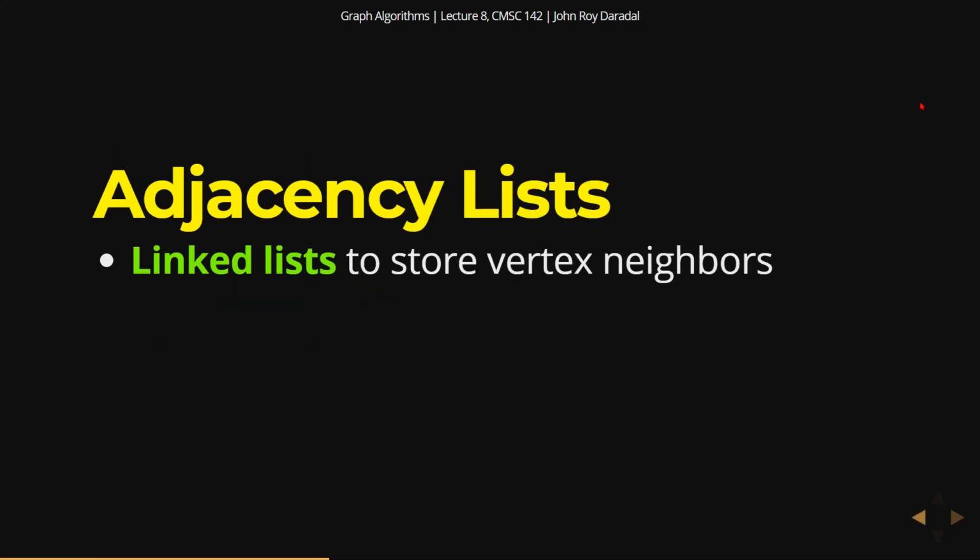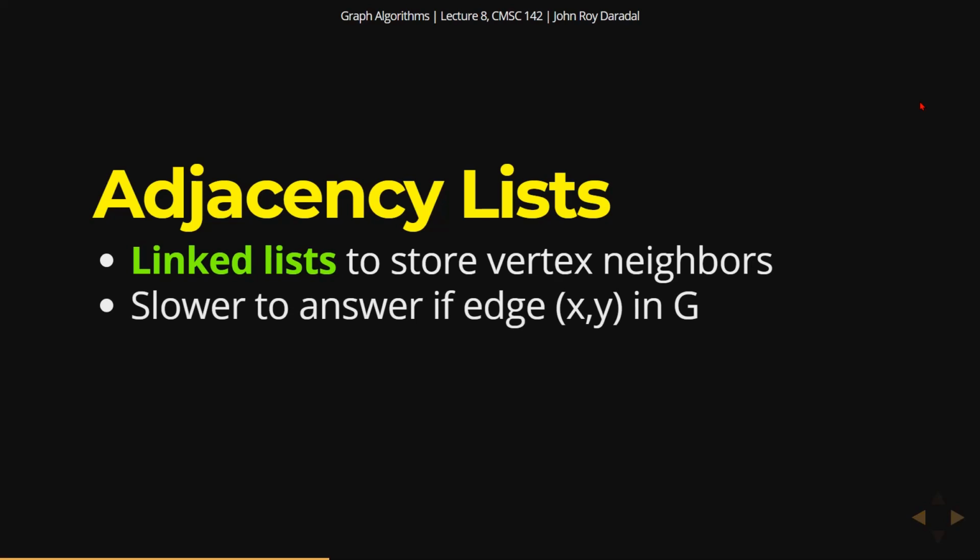Now the next representation is called the adjacency list, and in an adjacency list you use linked lists to store vertex neighbors. For each vertex you have an assigned linked list, and that linked list will contain the neighbors of that particular vertex. It's pretty straightforward.